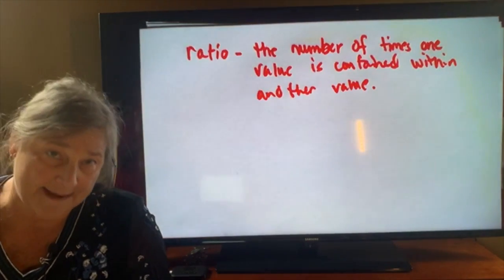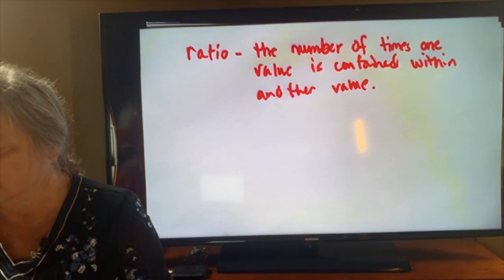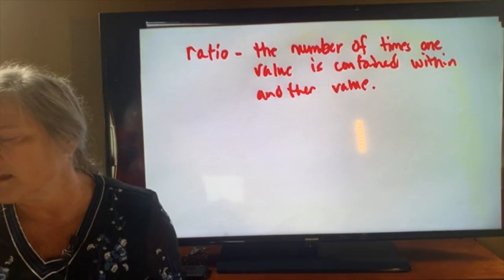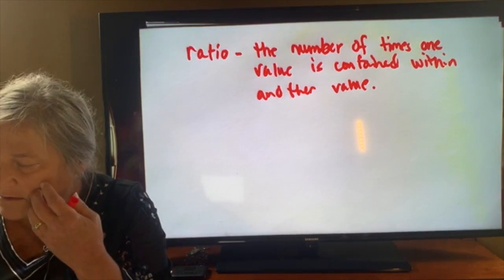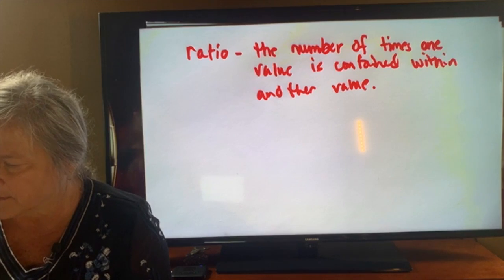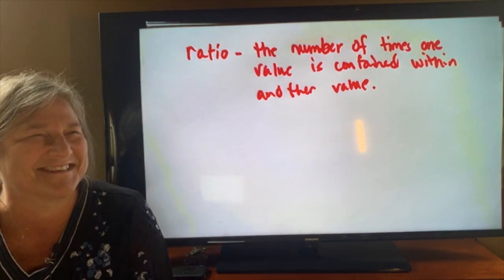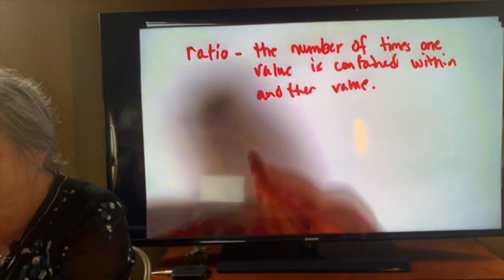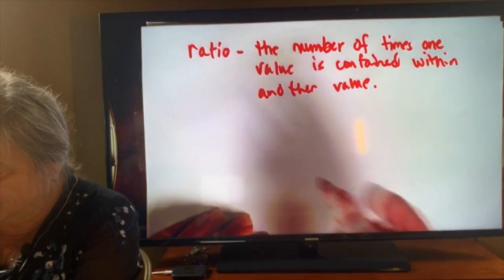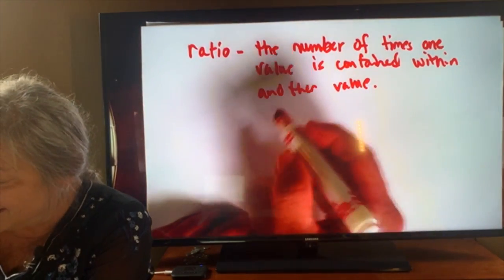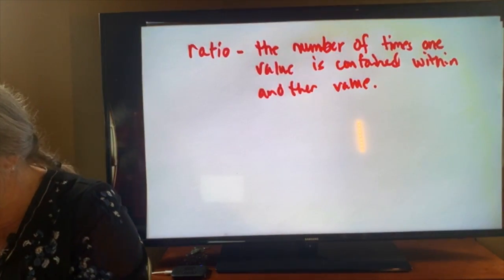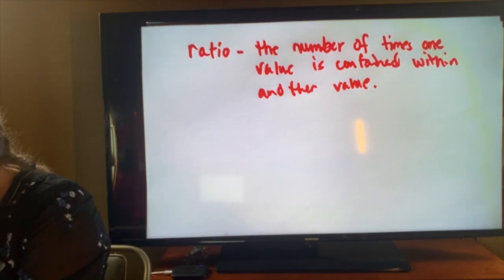So what the heck does that mean? That just means that for every, or it could also be contained within another value. So what that means, with all my babbling, is let's do an example, because examples are so much easier.